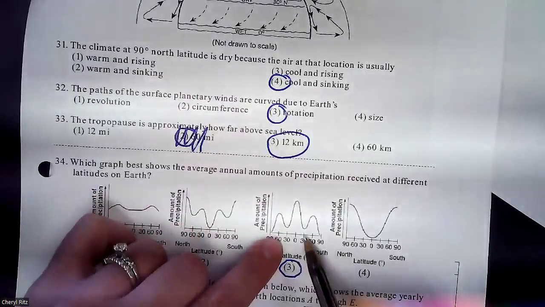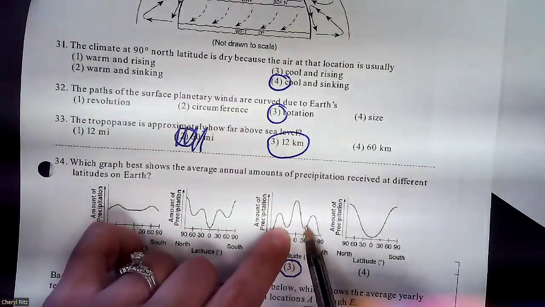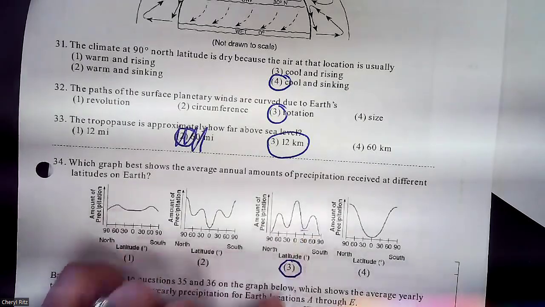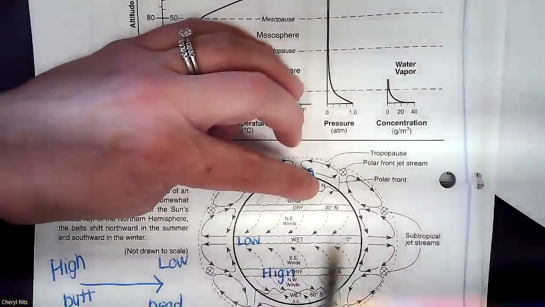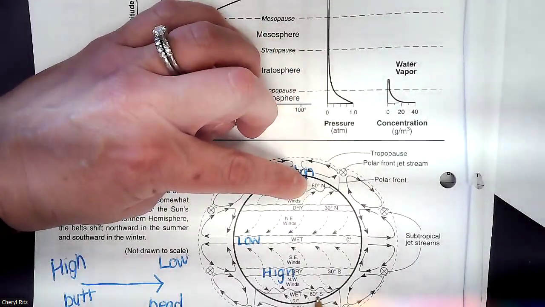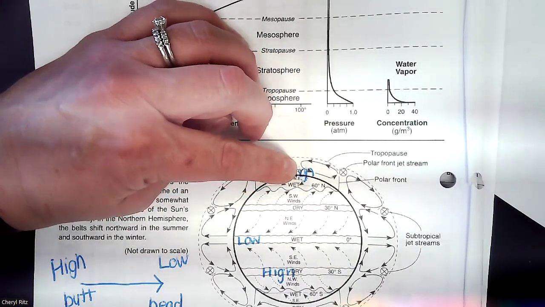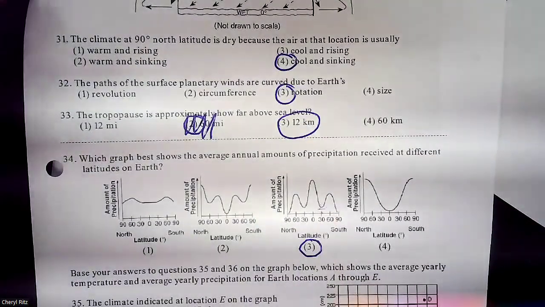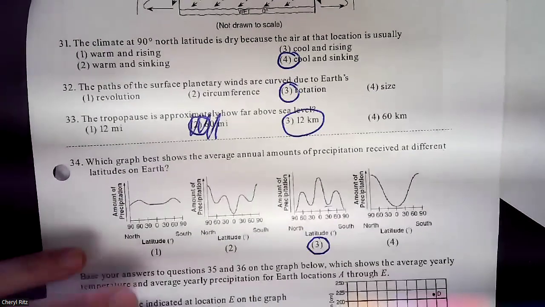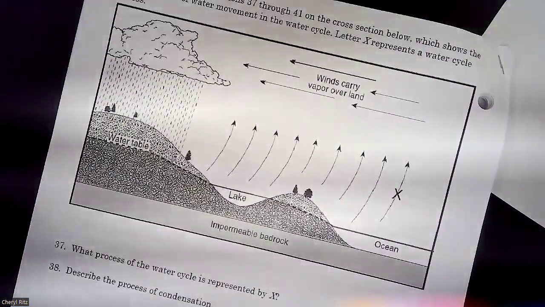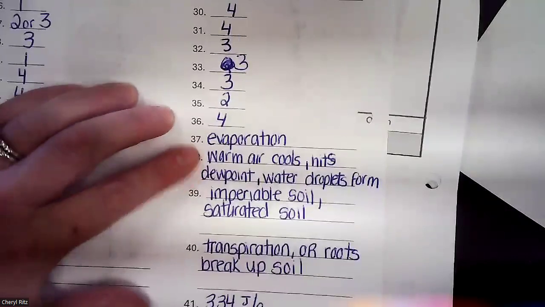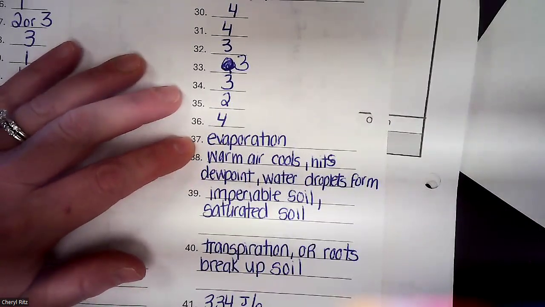So that's how I know at 30 north and 30 south, they should be dropping lower. It goes back up to wet at 60 south and 60 north. So that's why they're back up to a higher amount of precipitation, and the poles are labeled dry. So that's why they come back down. So use all your reference tables. Questions? And on the back, 37, the answer would have been evaporation.